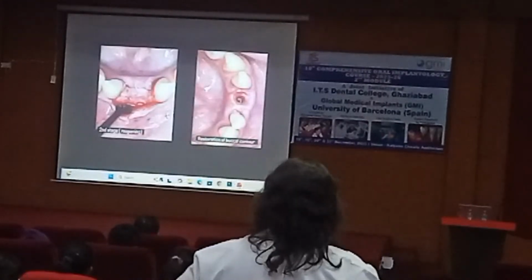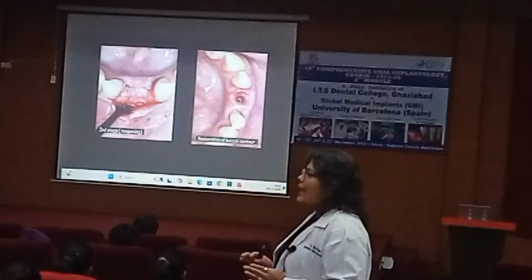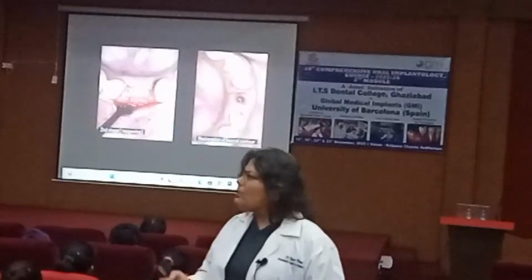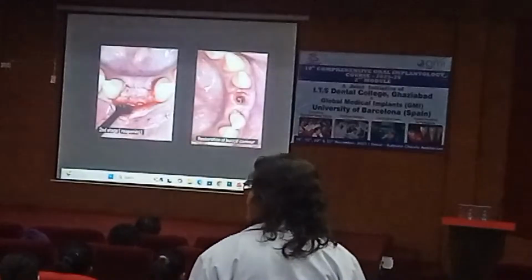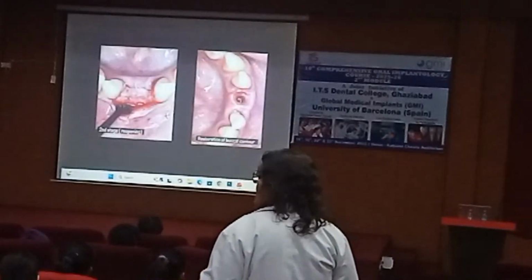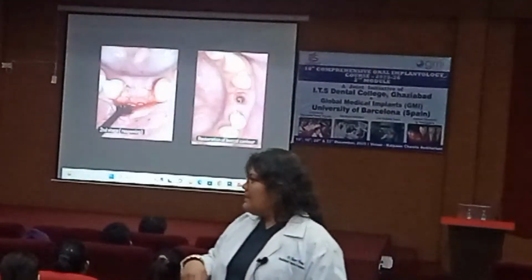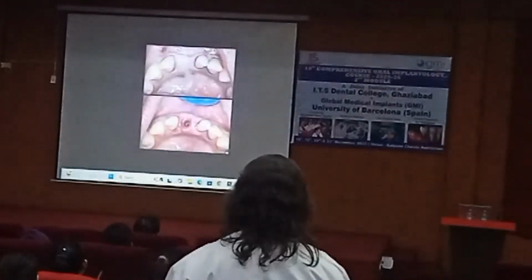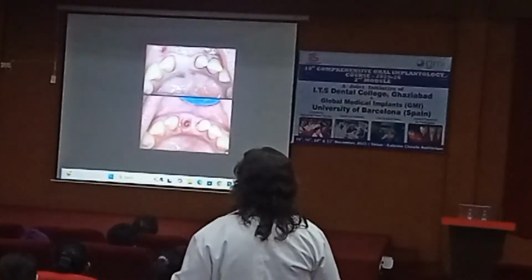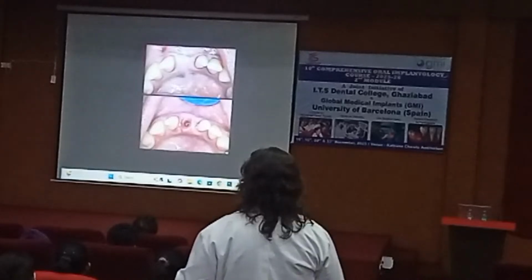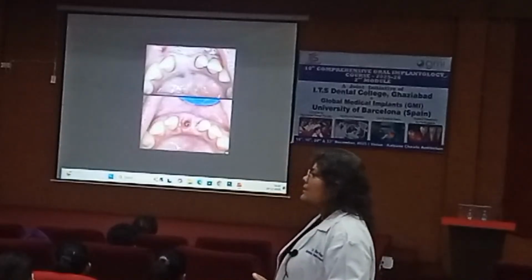Such buccal contour restoration with alloplast and xenograft and a simple collagen membrane is easier than harvesting an autograft from the chin, creating a donor area, and securing the huge plate over the recipient site, right? Now see the difference. Earlier it was this, and look at the buccal fullness we have achieved after 6 months, not 3 months.